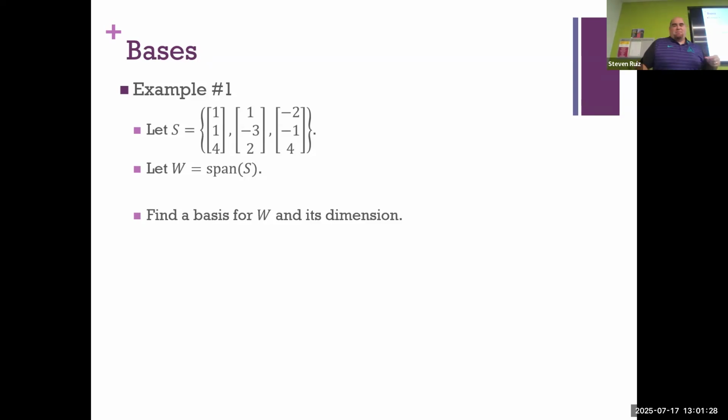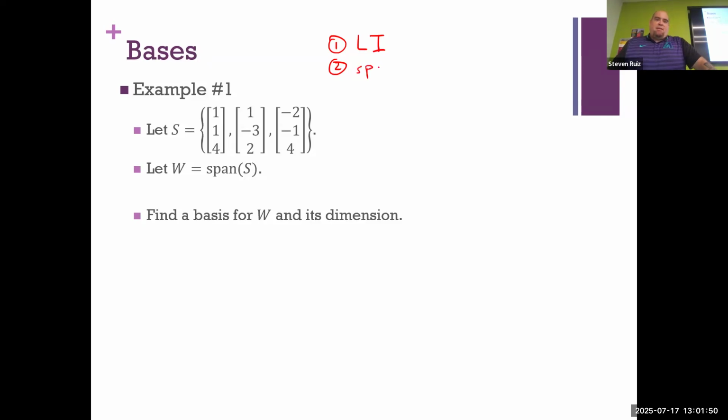So let's remind ourselves, what are my two conditions for a basis to be a basis? I have to have linear independence, which I don't know if these three vectors are linearly independent. We've got to do some investigation.